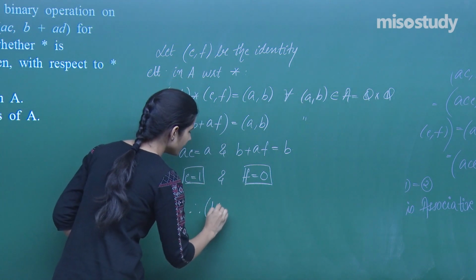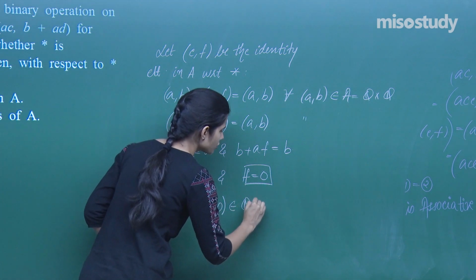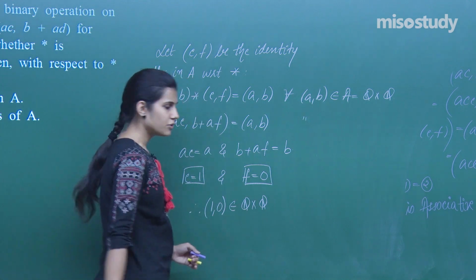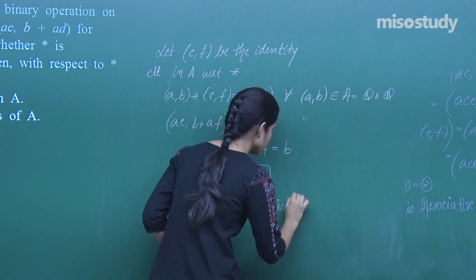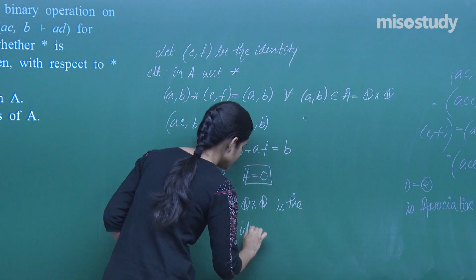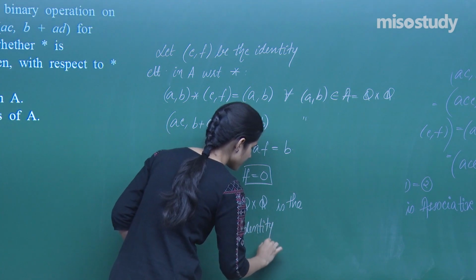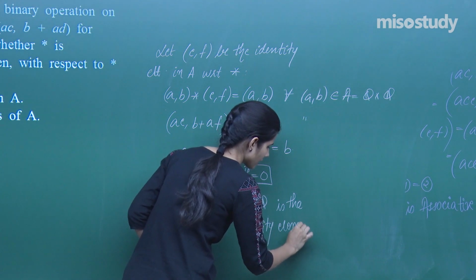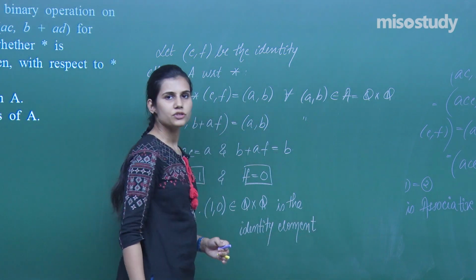Therefore (e, f) is (1, 0), which definitely belongs to Q cross Q, 1 is a rational, 0 is a rational, and is the required identity element under star in Q cross Q.